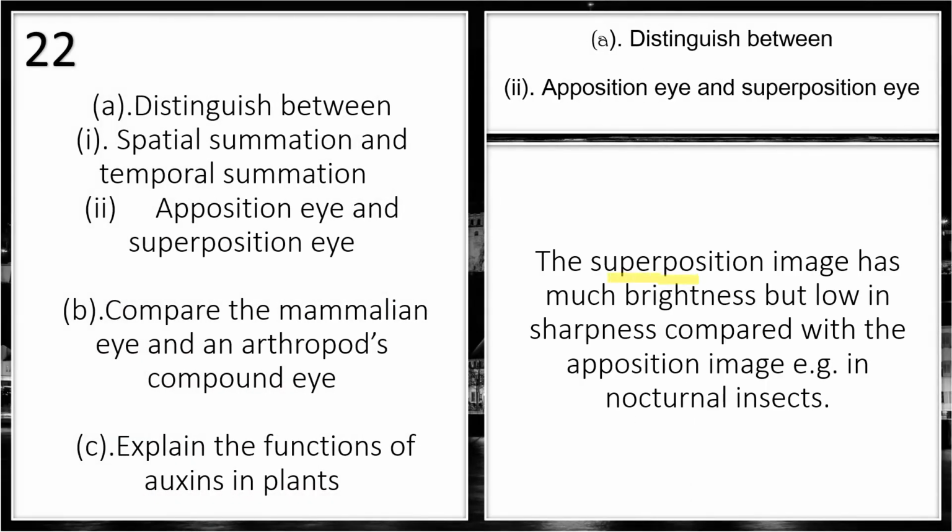The superposition image has brightness but low sharpness compared with an apposition image, e.g. in nocturnal insects.